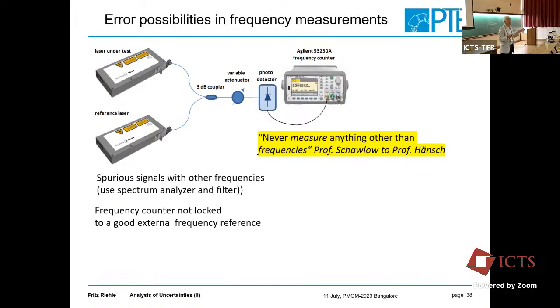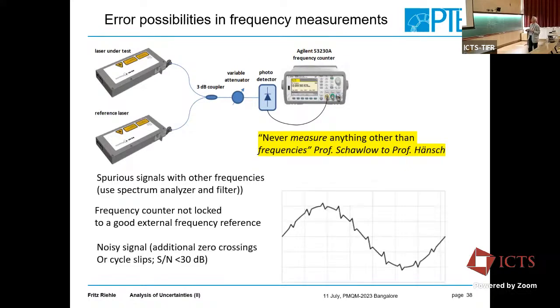And you will not get it inside your room. The laboratory is usually very well shielded, so you need an external antenna. So these are a few examples to be cautious about with frequency measurements also.